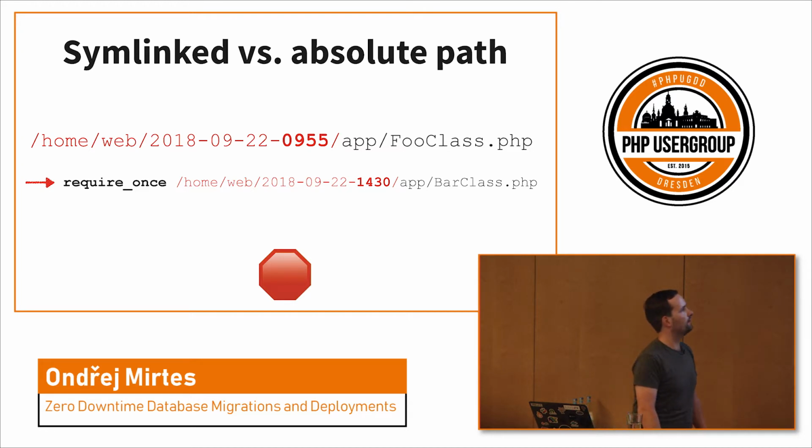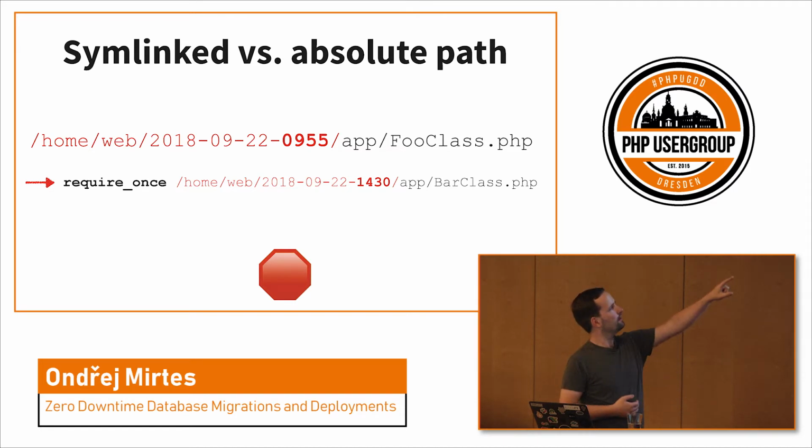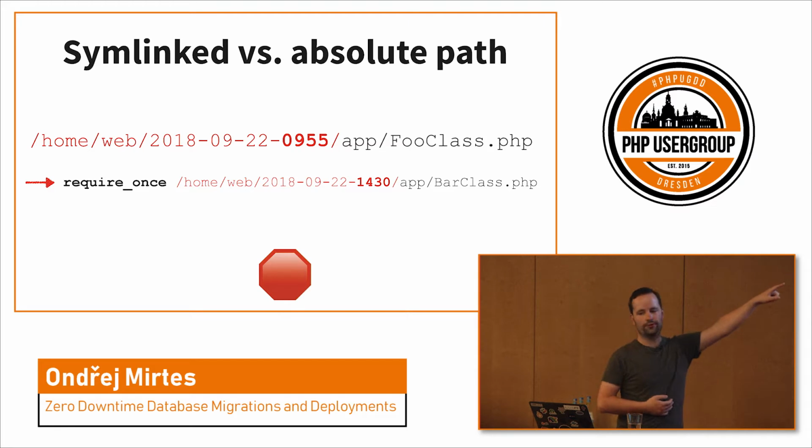Imagine that you are in the middle of a request. You are somewhere in the foo class, and you run some code that calls bar class to be autoloaded. But because the deployment happened at the same time, the bar class starts to be autoloaded from the new folder, which is a problem because it might be missing some kind of method that you called, or the method has another argument.